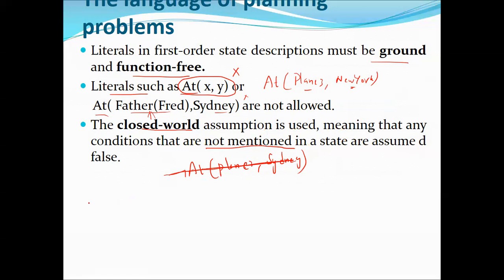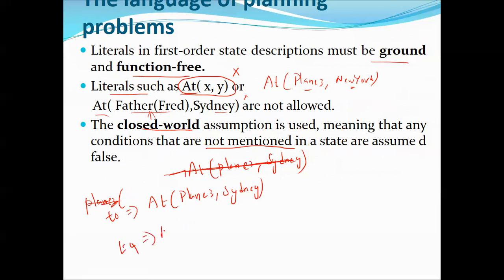Say for example, initially let us assume plane 3 is at Sydney. At one point in time, at time t0, plane 3 is in Sydney. That is true. But later, say at time t4, that plane has gone to New York.